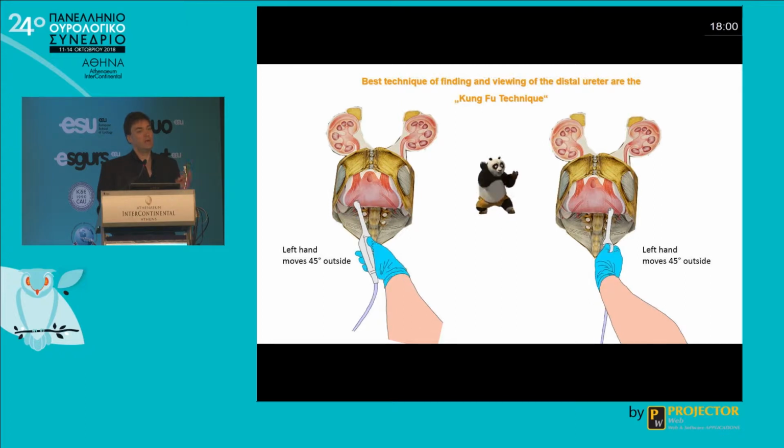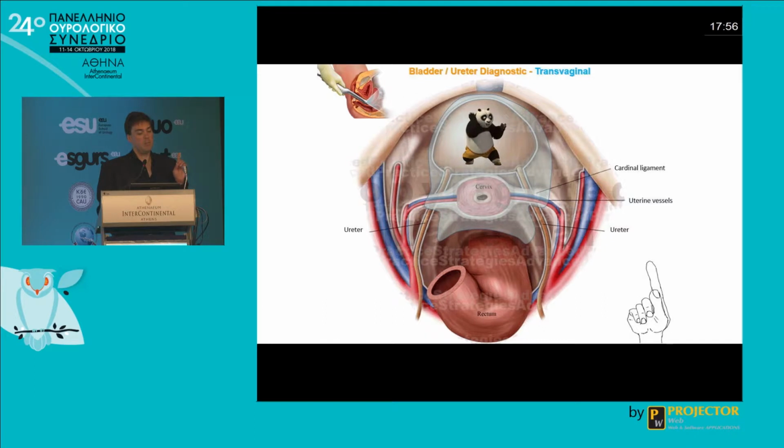Now it is important that we have male and female. In a female case, you have a chance to see the ureter from vaginal, 1.5 centimeters over the uterine artery, so you see the distal ureter exactly in the first 5 centimeters.